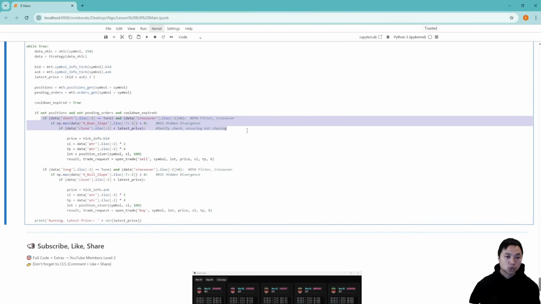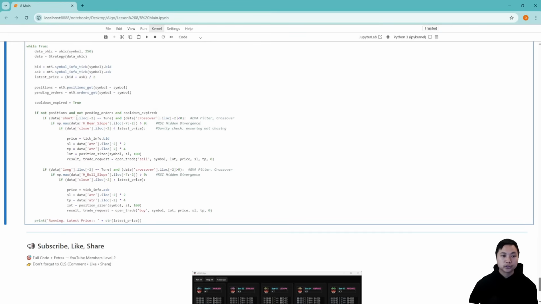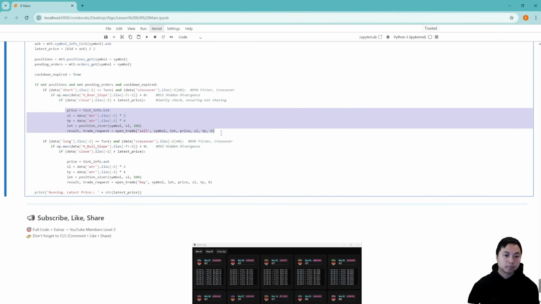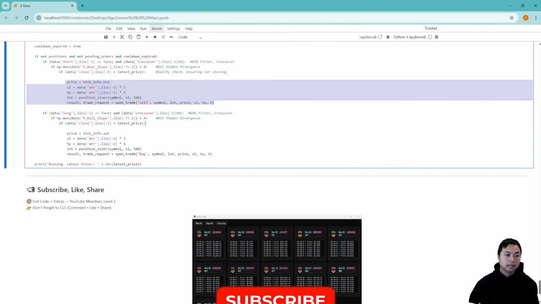Then we check the signals with three additional layers: an EMA filter, the hidden divergence, and finally a sanity check to make sure that we are not chasing the market. And then we set up the risk reward ratio, and calculate the lot based on the dollar amount that we are willing to risk, and then we open the trade accordingly.